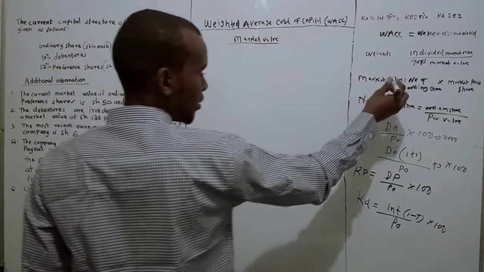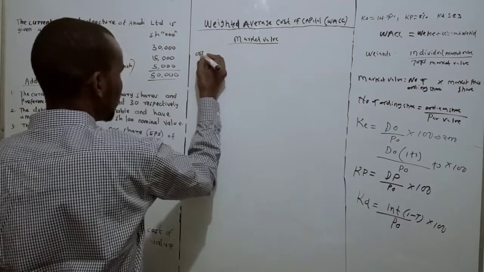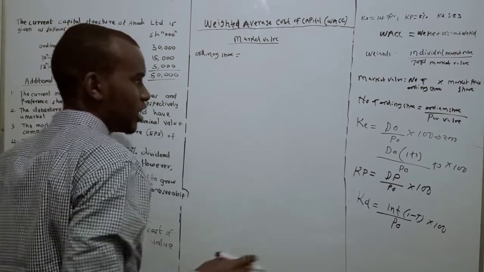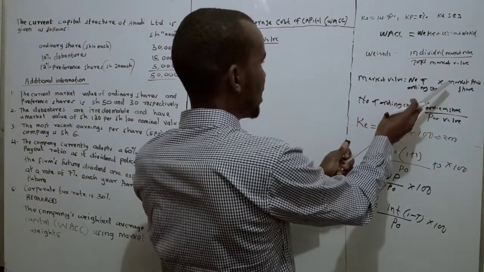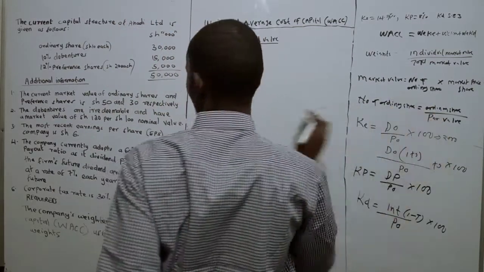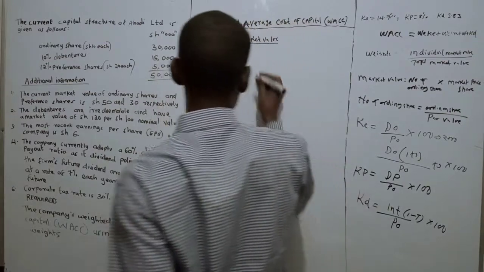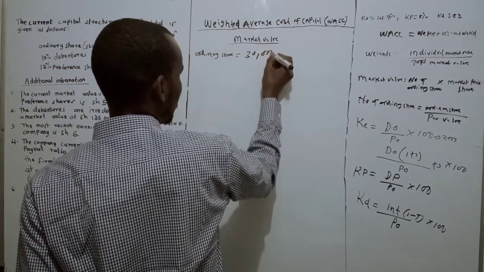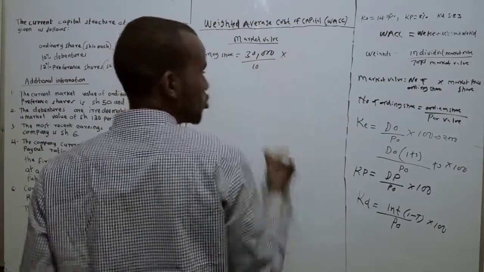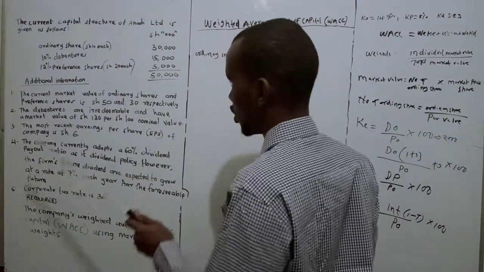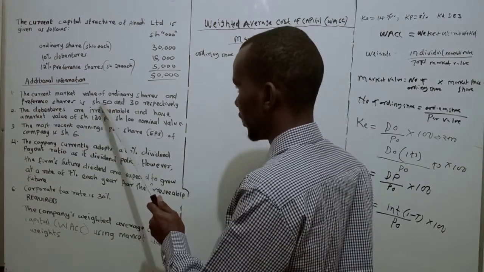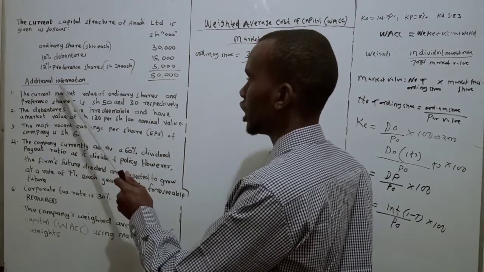Let's start with the ordinary share. We take the number of ordinary shares, then multiply by the market price. To get the number of ordinary shares, we take the ordinary share over par value. The ordinary share here is 30,000, then you divide by 10, which is the par value, then you multiply by the market price per share. The market price per share of ordinary share is 50, which we got from additional information number 1.